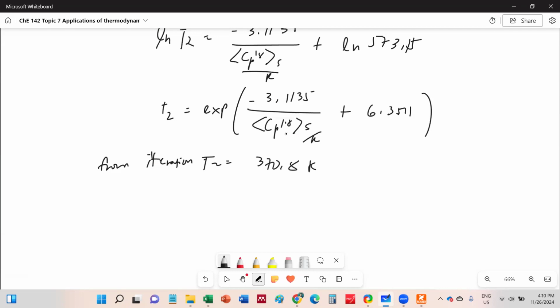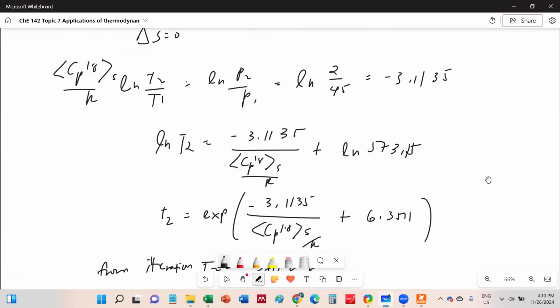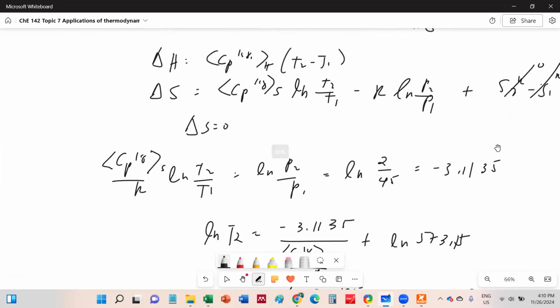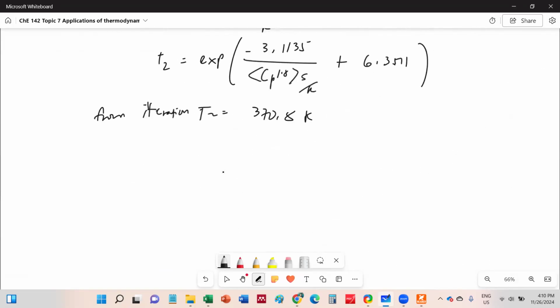So the next step is to solve for MCPH, because we're trying to solve for delta H. So we find the equation. What equation can we use to solve for delta H?